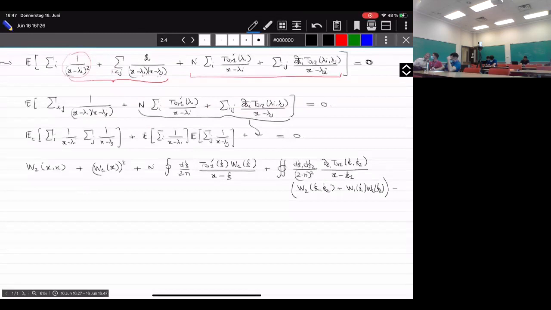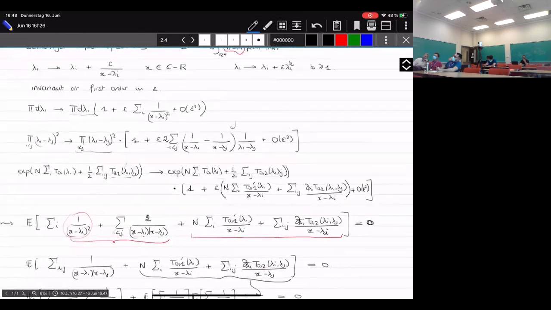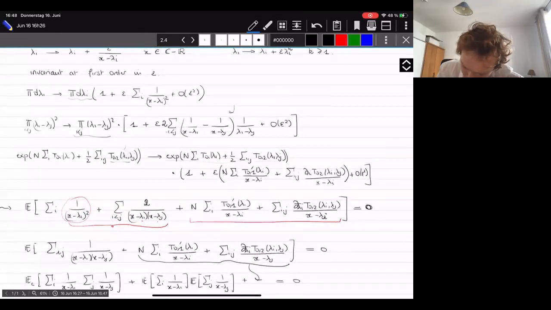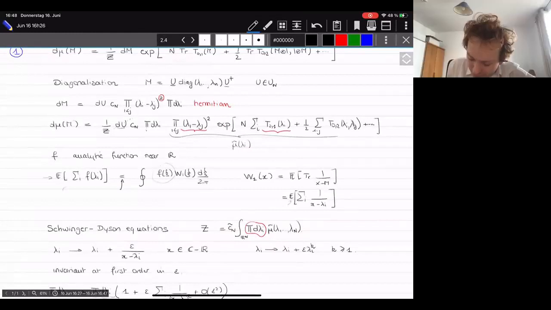I had a question too, Gaetan. Yes? So I thought the x minus zeta was already included in the W1 of zeta. Didn't you already put that in the denominator? Yeah, so W1 is defined as this resolvent, so it has the 1 over x minus lambda I, yes. Right.